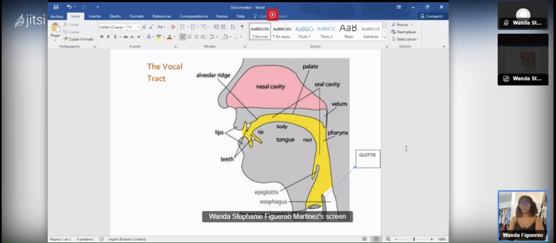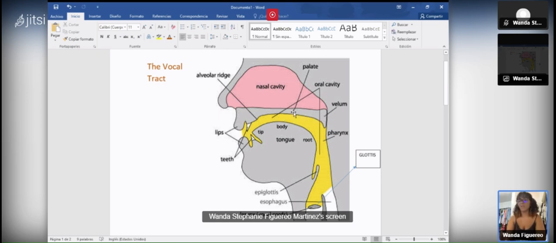So the airflow sets them into vibration and the sounds articulated after that are voiced sounds.